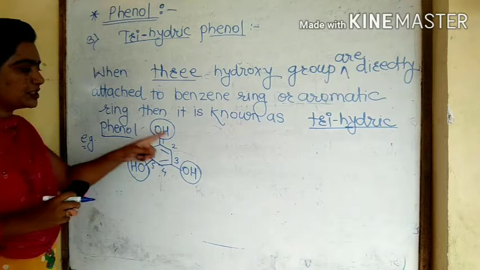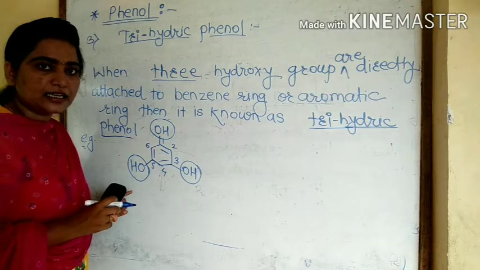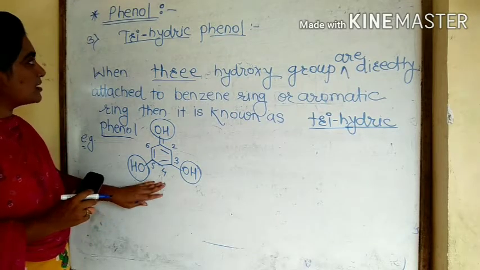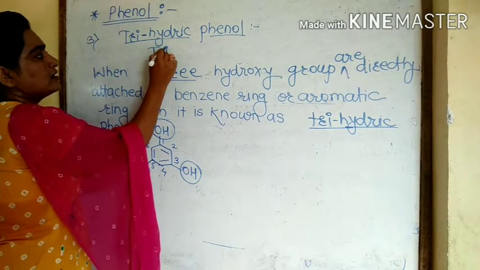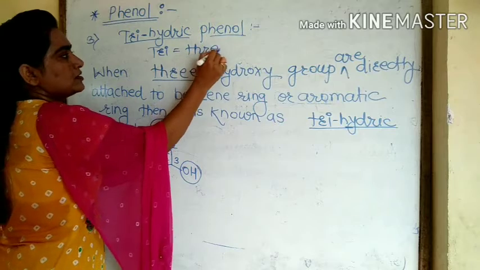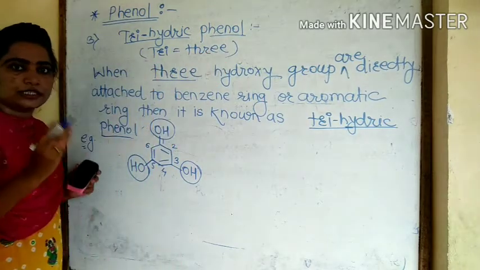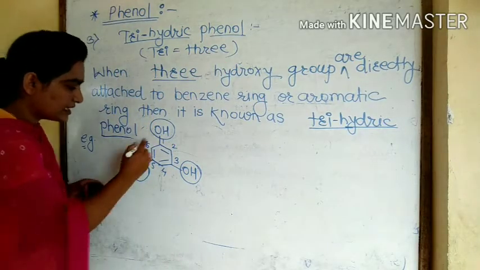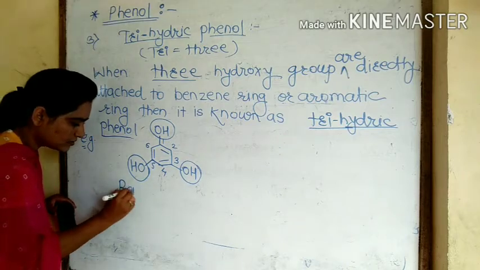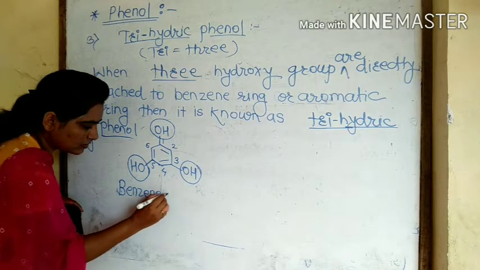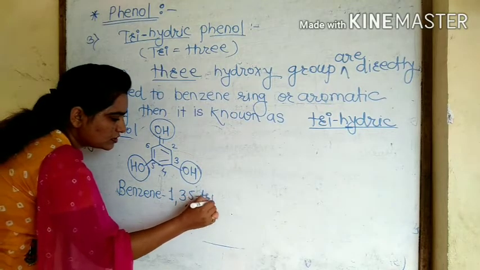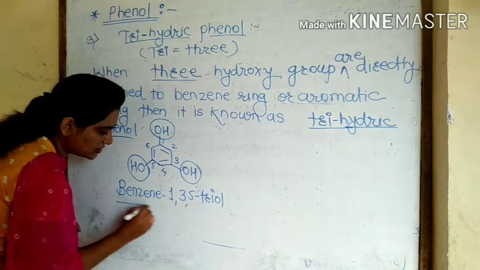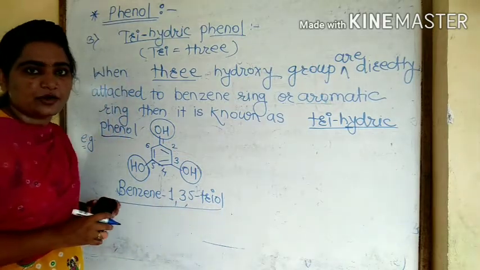Therefore 3 hydroxy groups are present. Hence it is the example of trihydric phenol, because tri means 3. So its name is benzene-1,3,5-triol.